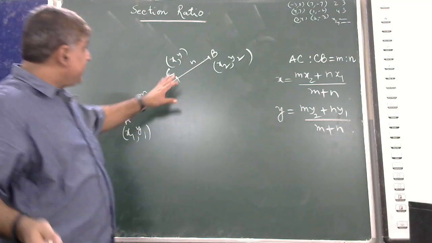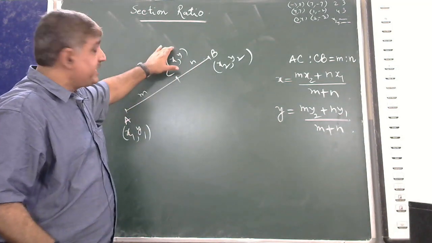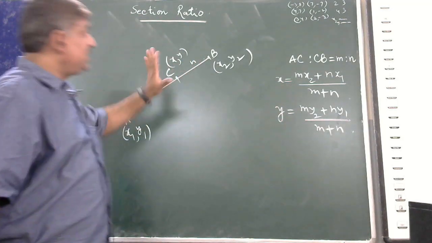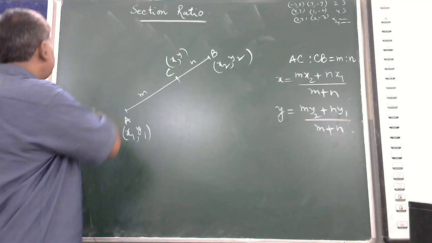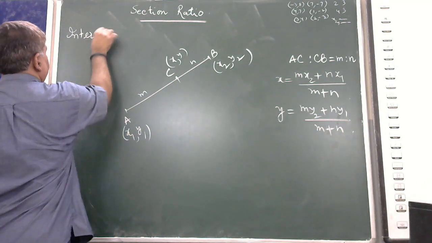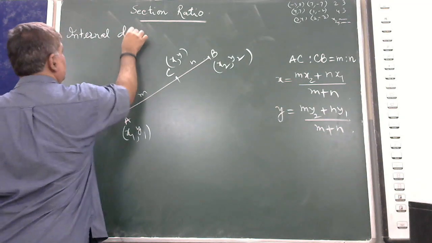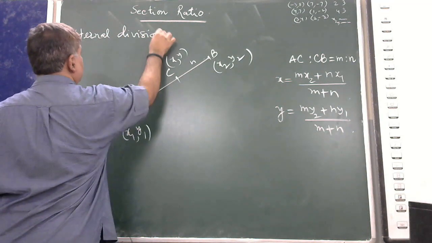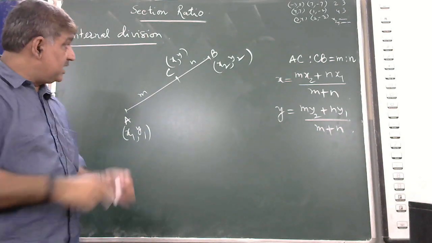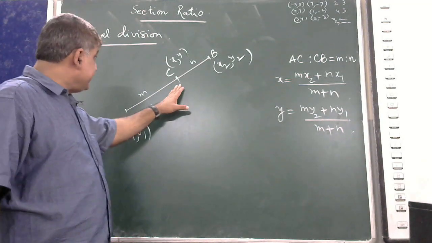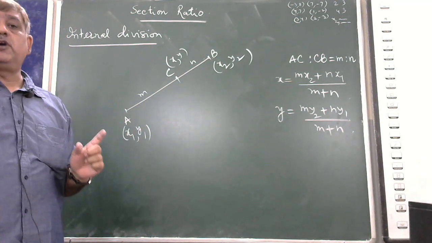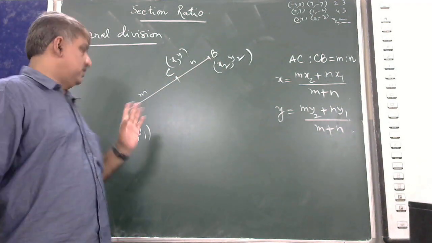Now, to get the coordinates of point C, we apply this formula. And this division is called internal division. Internal division means this point C lies within line segment AB, and that's why it is called internal division.